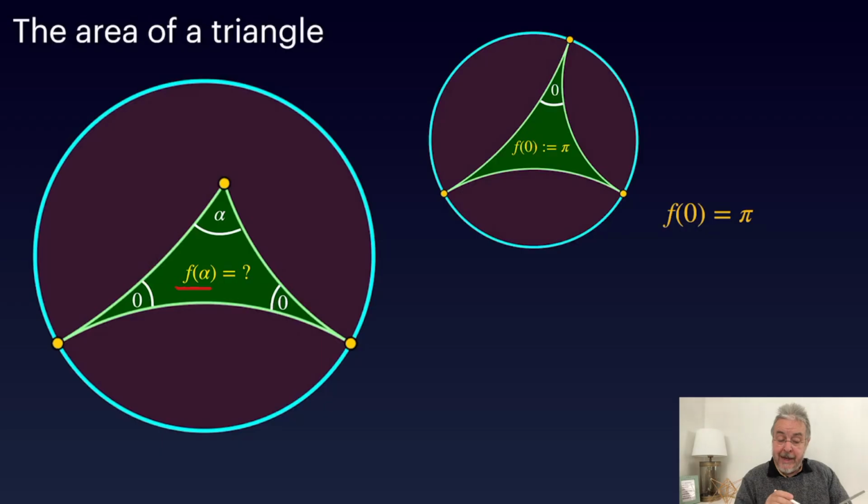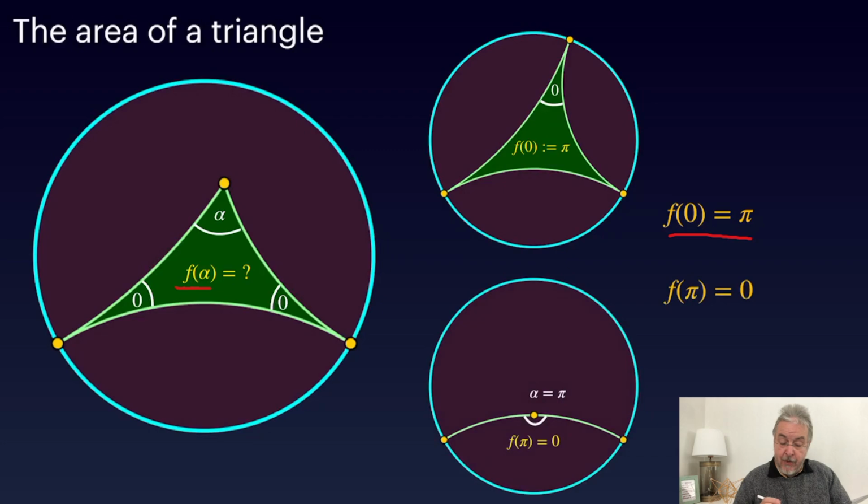We know that if the angle is 0, so if alpha is 0, then by definition we would say, well, this triangle here should have a size of pi. And we also know a different case. We know that if the angle is pi, then the area should be 0. So the bigger the angle, the smaller the area.